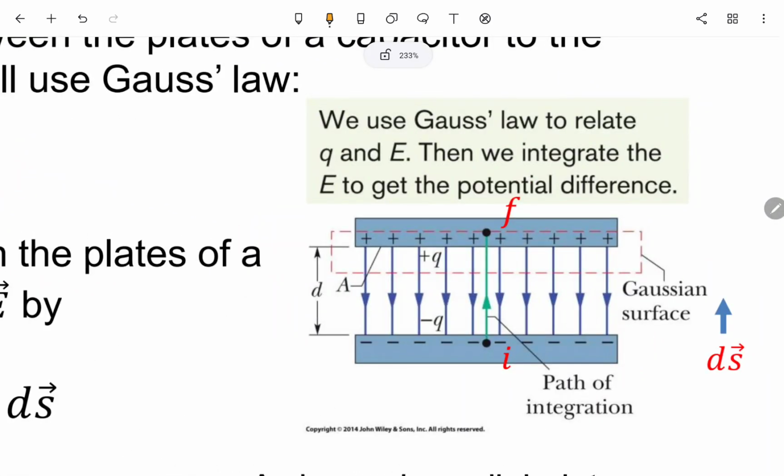Suppose this is a cross section of a parallel plate, so you only see two bars there, but actually this is two parallel plates in this direction. Here is the Gaussian surface, which is a rectangular box.